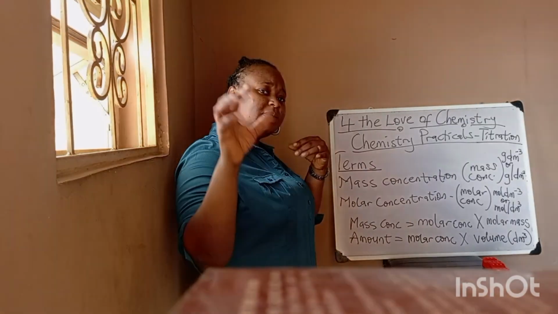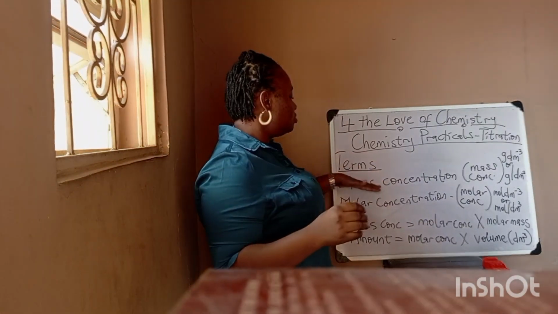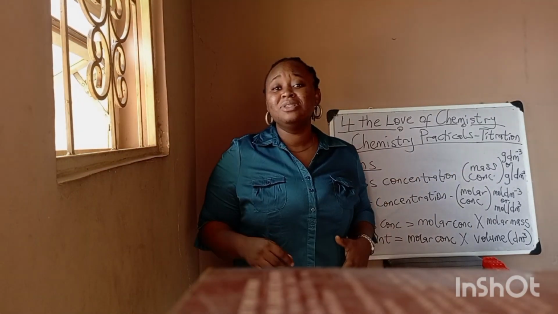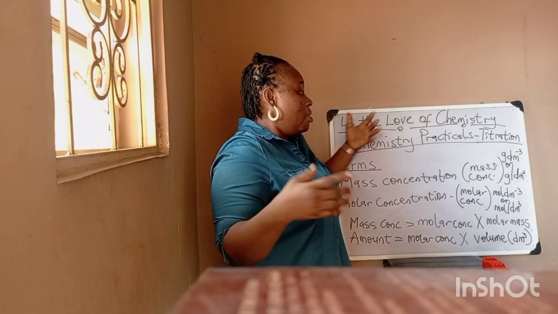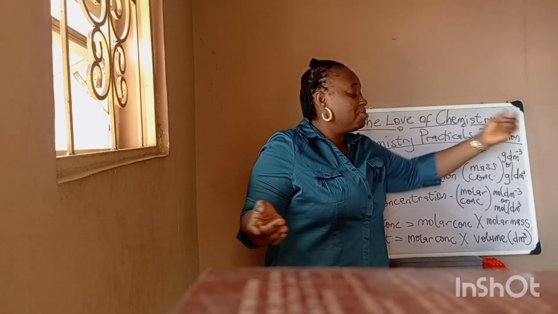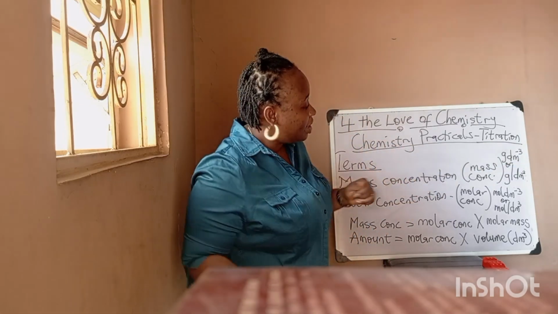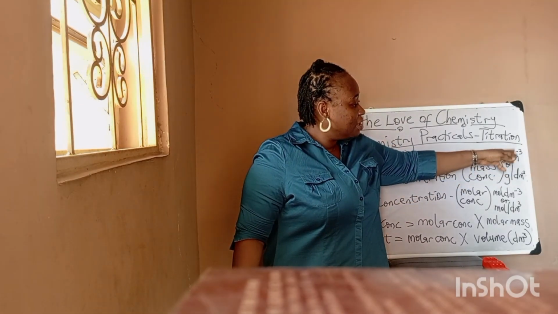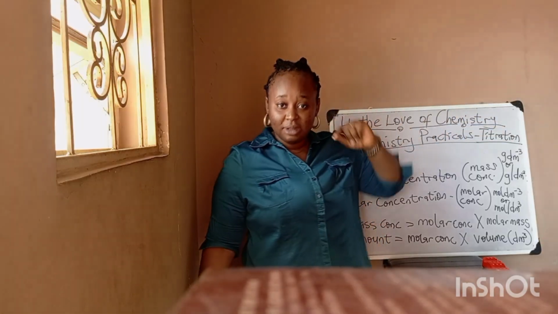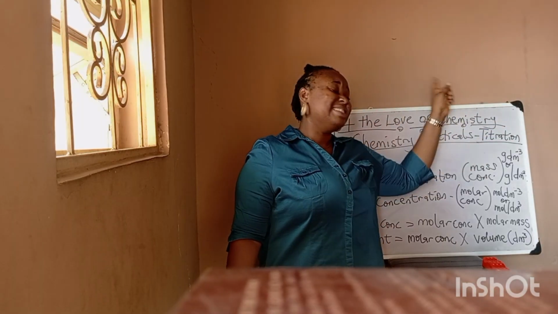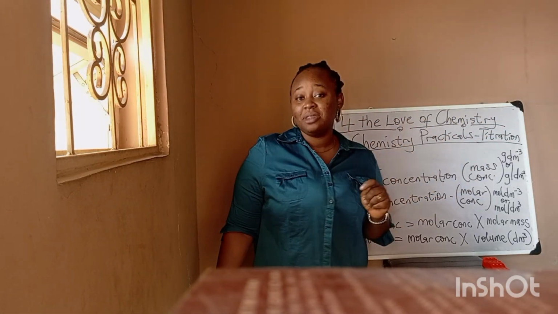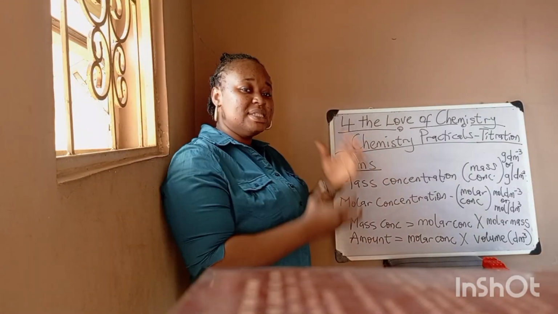Sometimes you will not be asked what is the mass conc of this. They will ask you, what is the concentration in grams per dm cubed? I can write it as g dm raised to power minus 3 or g/dm cubed, so please don't mix it up.